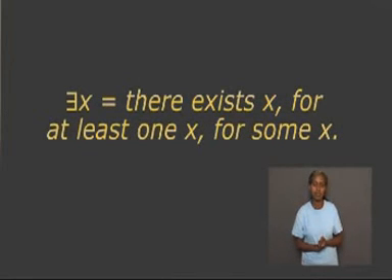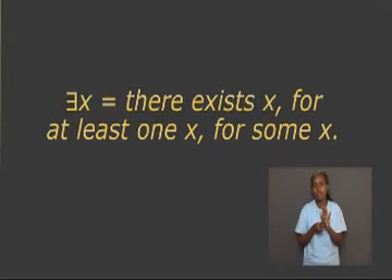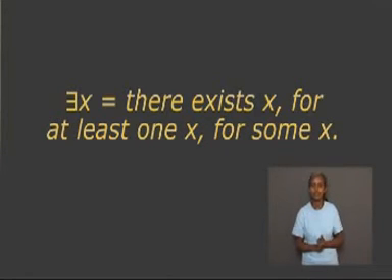The existential quantifier looks like this. It can mean there exists x, for at least one x, and for some x. This will become more clear when we use it in an example.